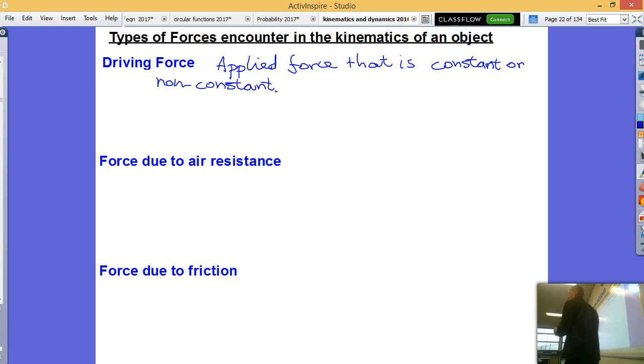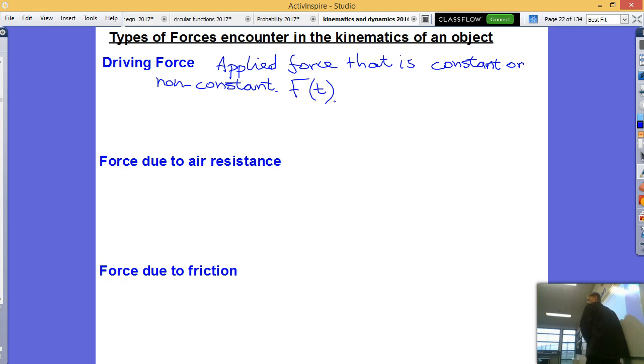A driving force could be, say, a function of time, for instance, or a force that is a function of velocity or something else, but it pushes an object forward.